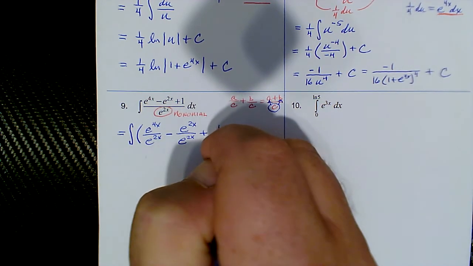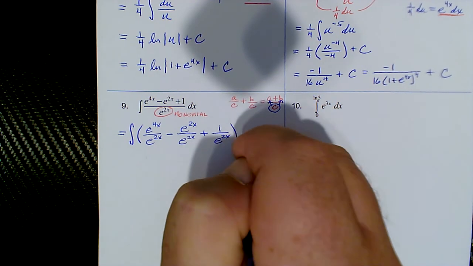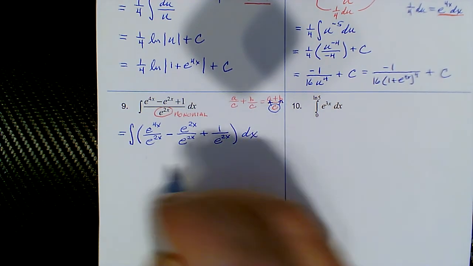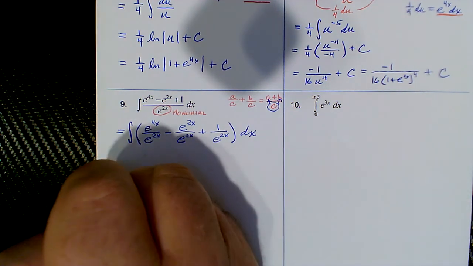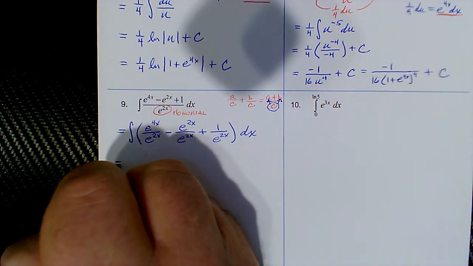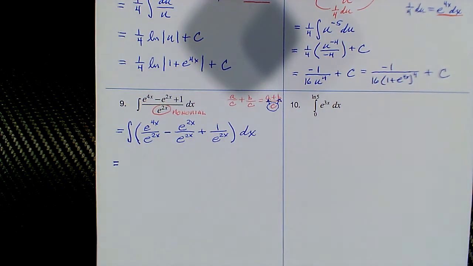And then plus 1 gets divided by e to the 2x. Close the parentheses. And that's all with respect to x. So note that formally parentheses are necessary, because otherwise we would just be saying that the dx is being multiplied by the final term. But it's the whole integrand that needs to be in parentheses.